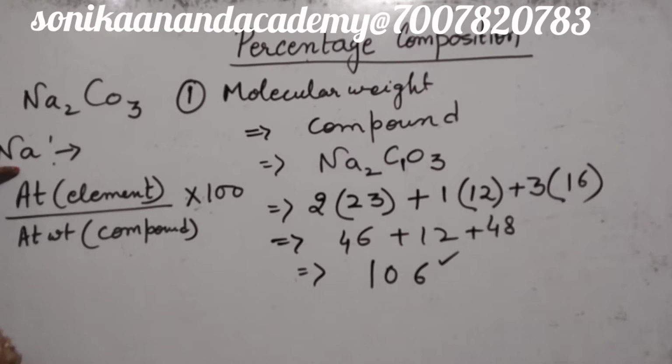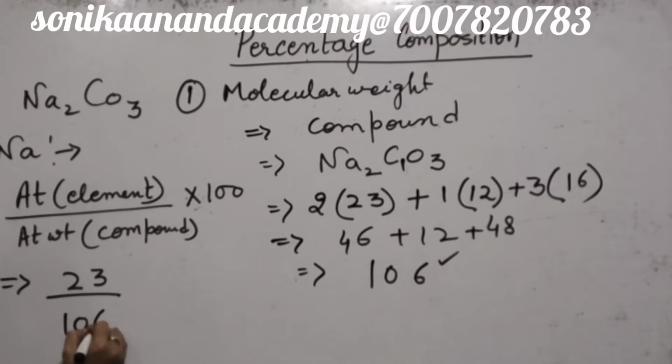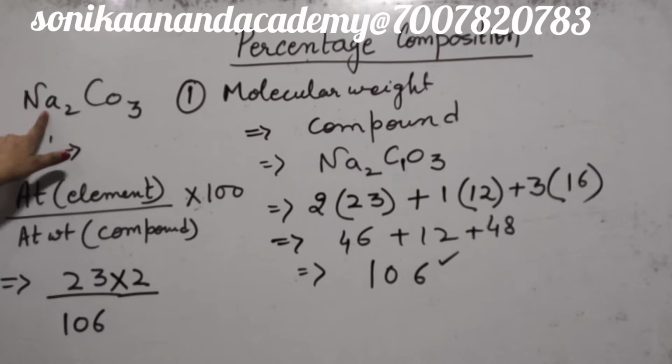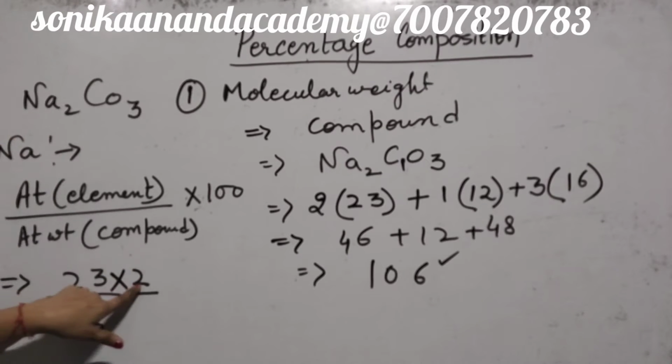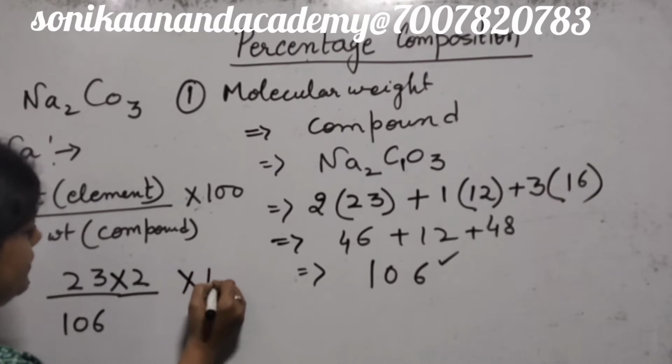Now for the sodium, atomic weight, as I told you, is 23. Now atomic weight of the compound is 106. And there are 2 atoms of sodium, so into 2. Clear? So 2 times 23 upon 106 into 100.